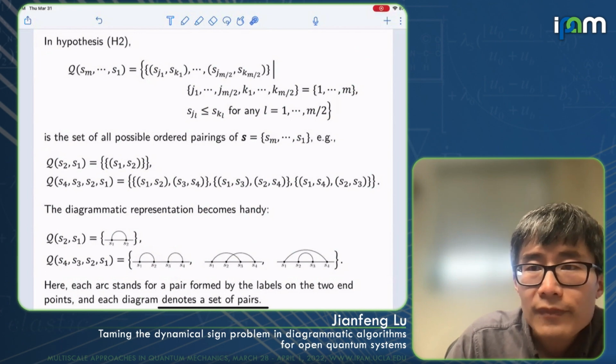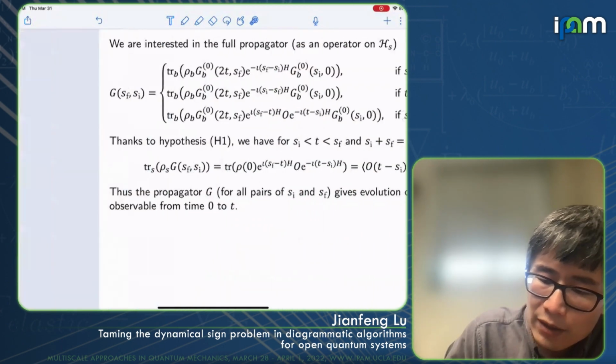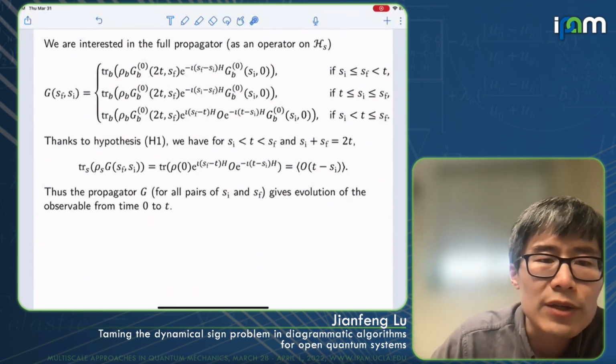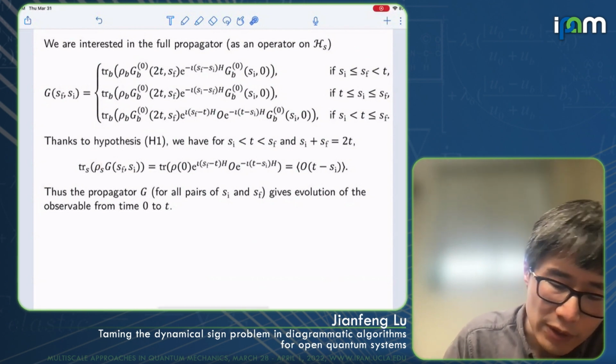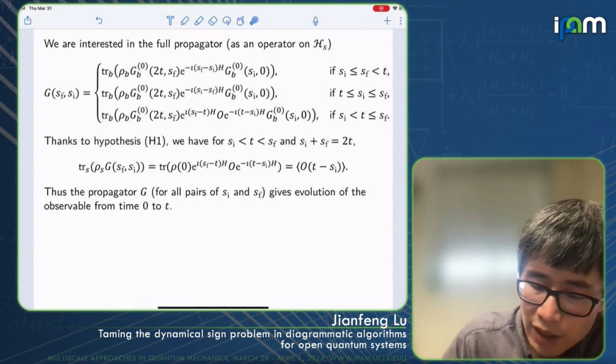Is that clear? All right. So now, at the end of the day, we're interested in the full propagator, because we are interested in the evaluation of the evolution of the state as influenced by the path, and then we take the observable in the end.